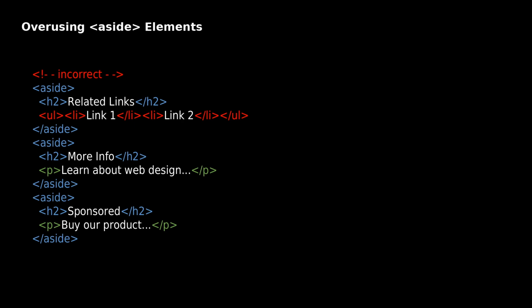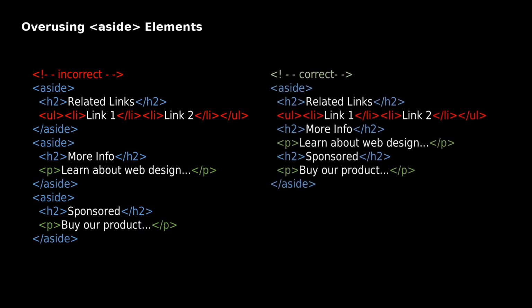Use the aside element only to include tangential content when it's truly useful to the reader. If you need to include multiple pieces of supplementary information, consider grouping them within a single aside element instead of using multiple aside tags.